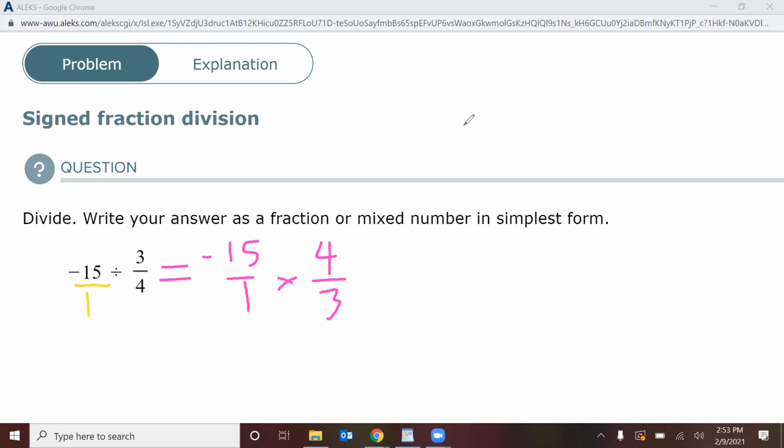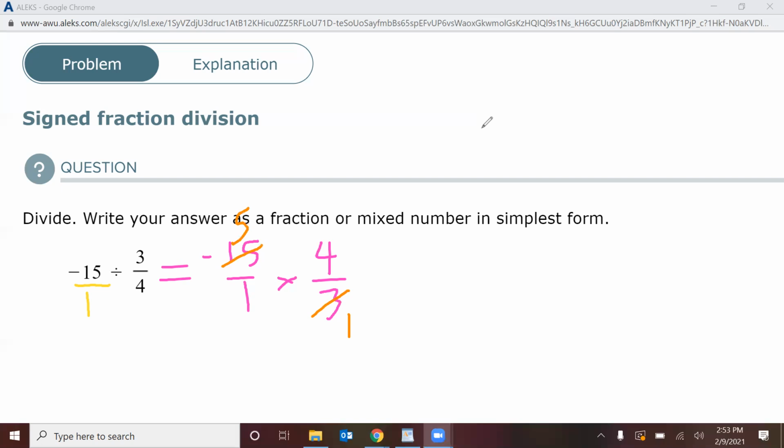Now at this point, I cancel whatever I can. I cannot do any canceling beforehand, because to do canceling from one fraction to another, you must have multiplication in the middle. I see that 3 is a factor of 15 and of 3. 3 divides into 3 once, and 3 divides into 15 5 times.